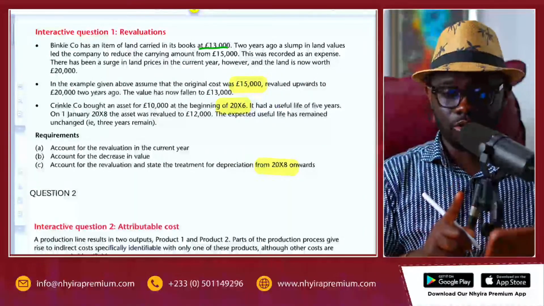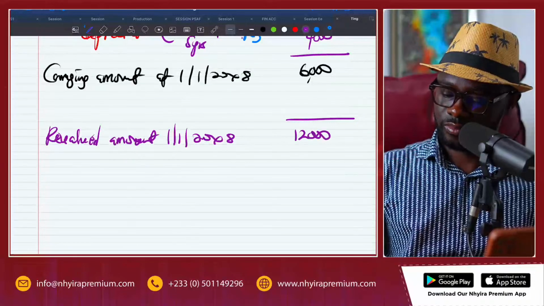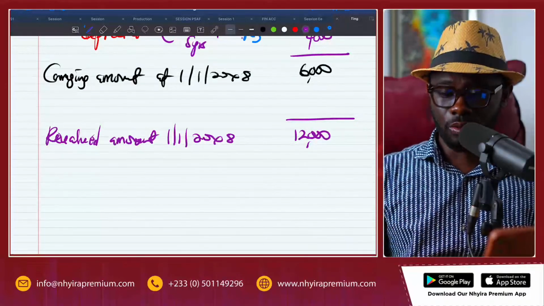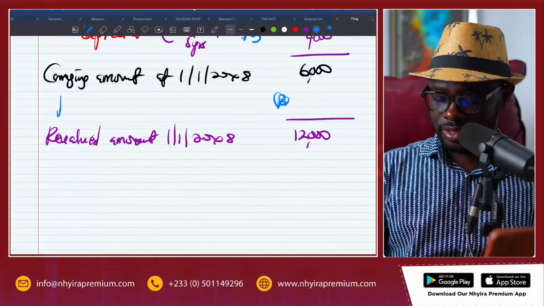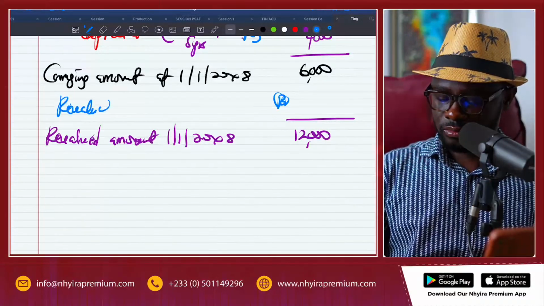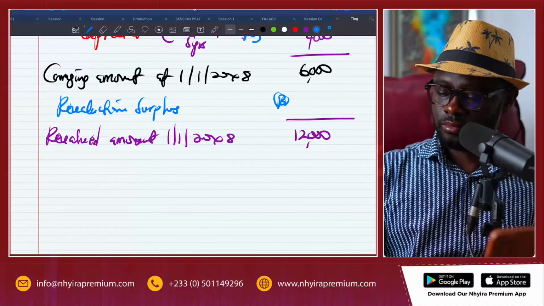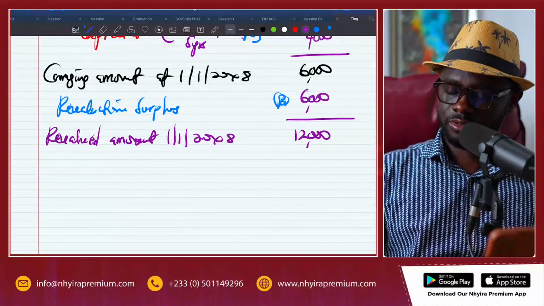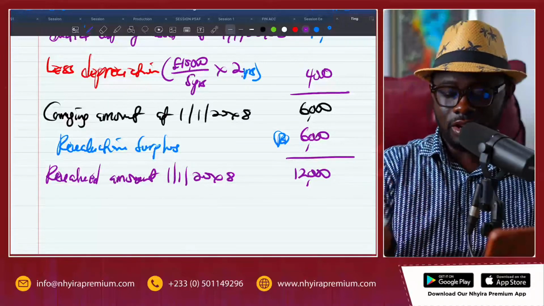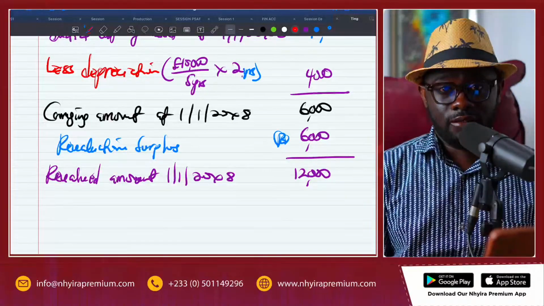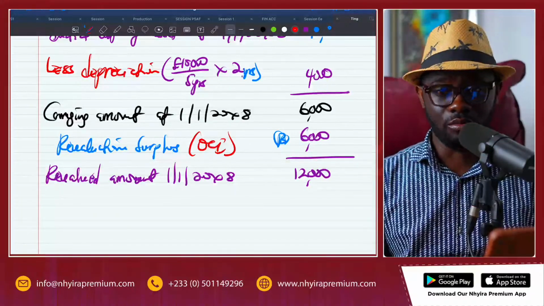We are told it was revalued to £12,000. So what do we have? The balancing figure is going to be a revaluation surplus, which is £6,000. So in the current year ended, this is the first time the revaluation surplus arises, and that will go to OCI as well, other comprehensive income.